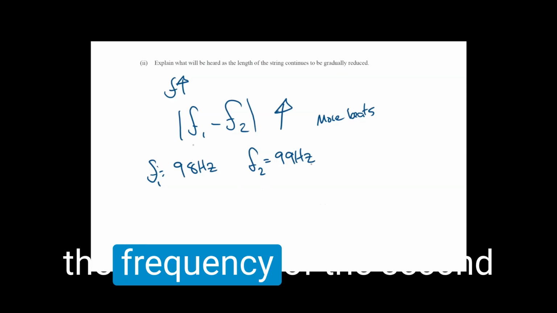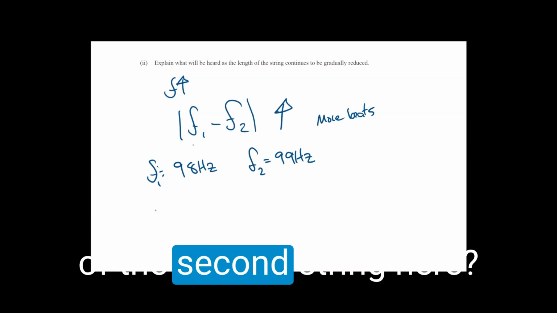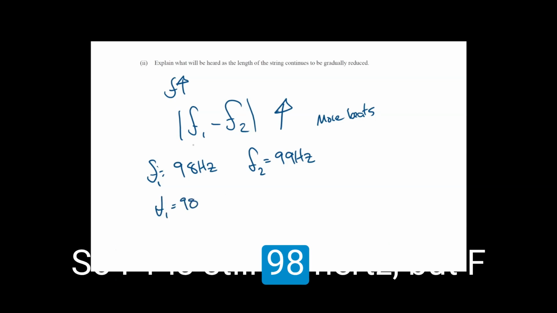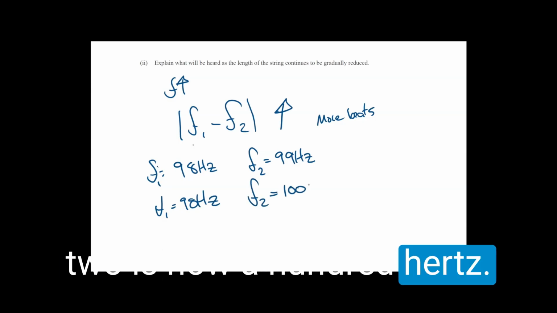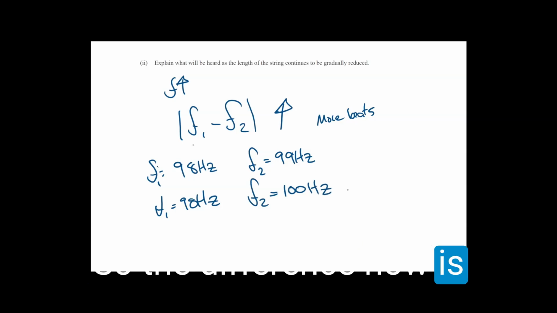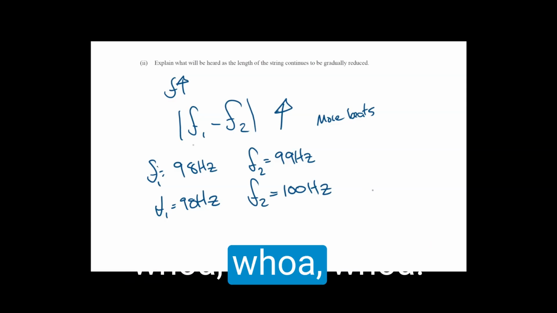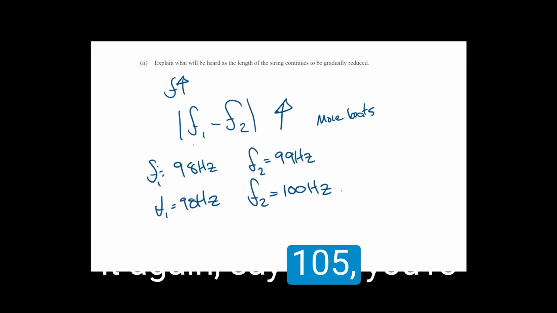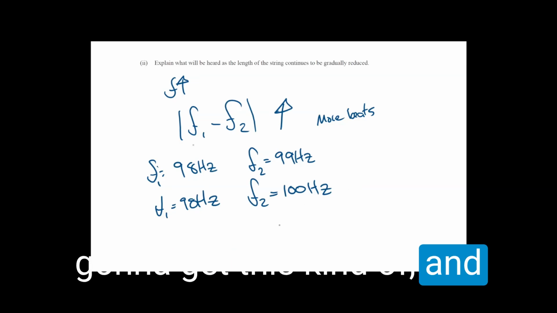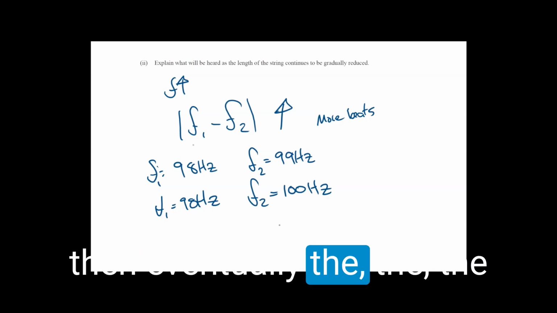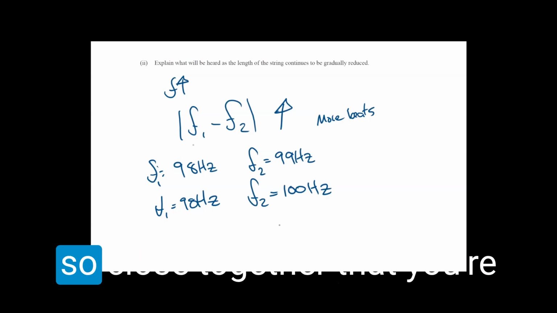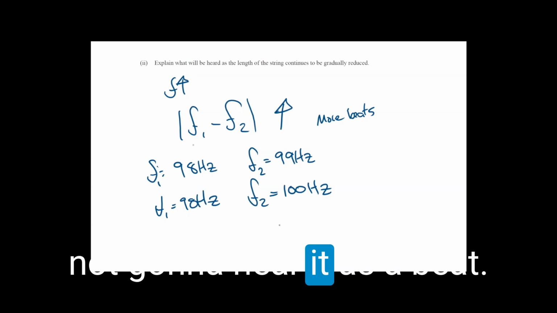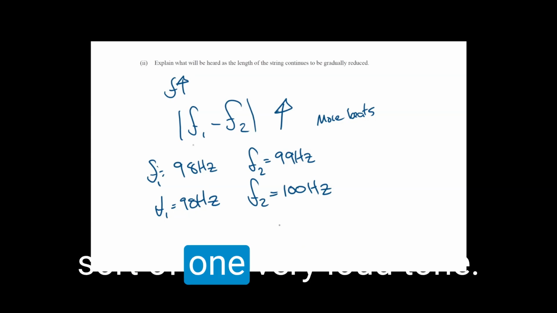If we increase the frequency of the second string, so F1 is still 98 hertz, but F2 is now 100 hertz, the difference is 2 beats per second, so it's going to be whoop, whoop, whoop, faster. If we increase it again, say 105, you get whoop, whoop, whoop, faster still. Eventually the beat frequency is going to be so close together that you're not going to hear it as a beat. You're going to hear it as one very loud tone.